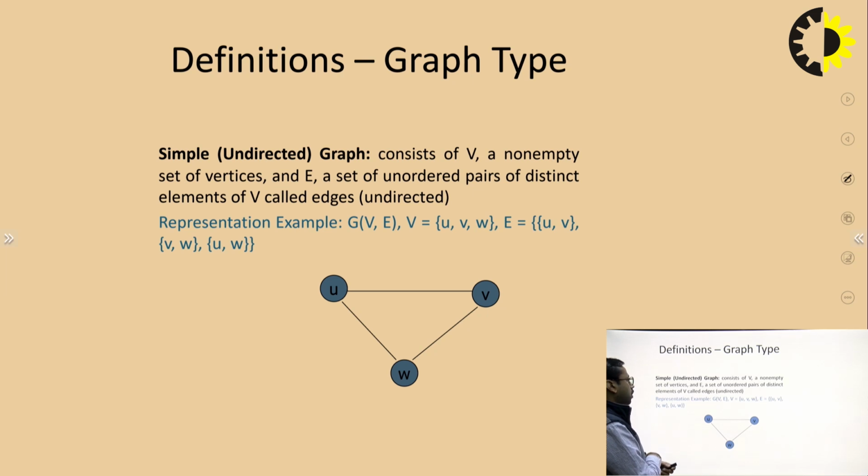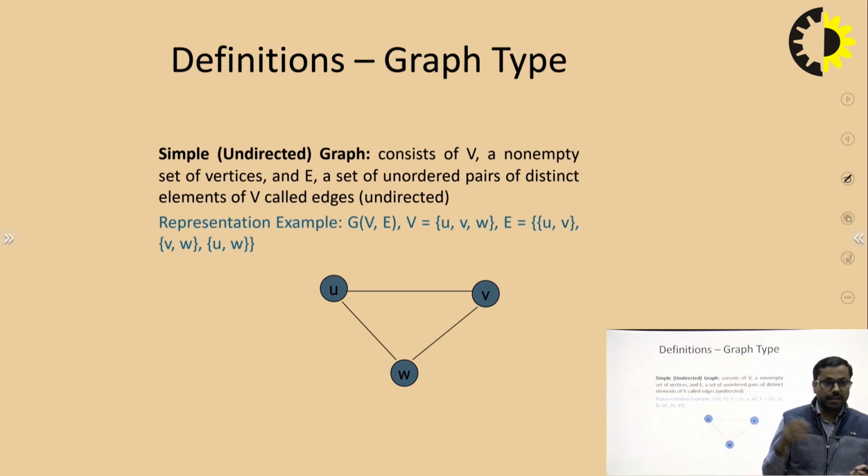What is a simple undirected graph? It is a very important and general term used in graph theory. An undirected graph means that no direction is given in the graph. A simple undirected graph has no self loop and no multiple edges.